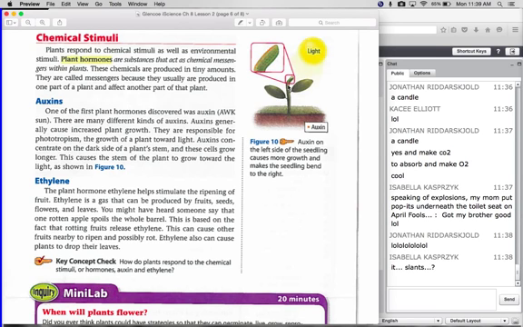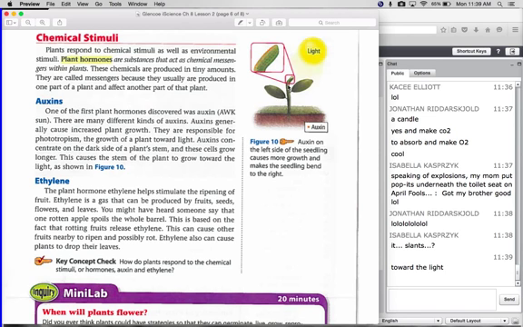It's going to slant towards the light, because the taller person, in our case, is on the side that's away from the light. So the door slants, or the plant slants, and turns towards the light. Does that make sense? So that's a type of chemical response.